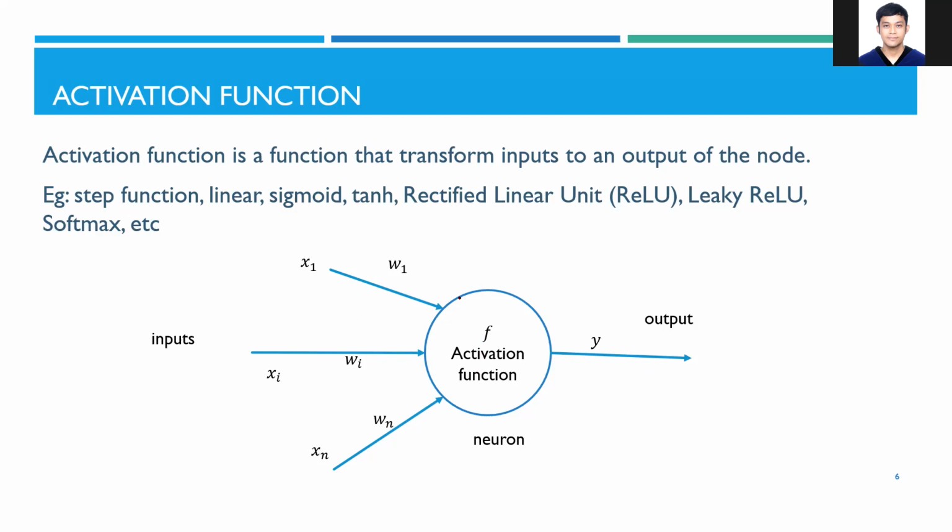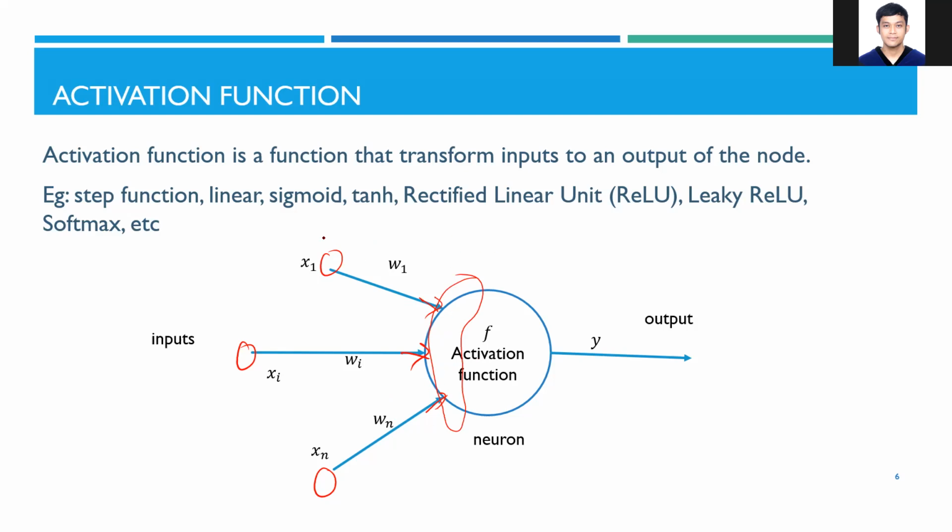Okay, then how to transform input to output? First, one node may receive many inputs. For example, like this, from one node, a second node, and then a third node. So this node itself has three inputs. At the first step, we have to combine all inputs. It is actually simple to combine all inputs.